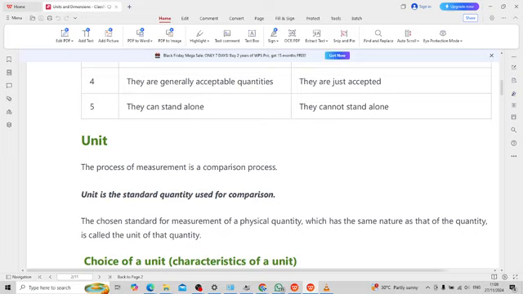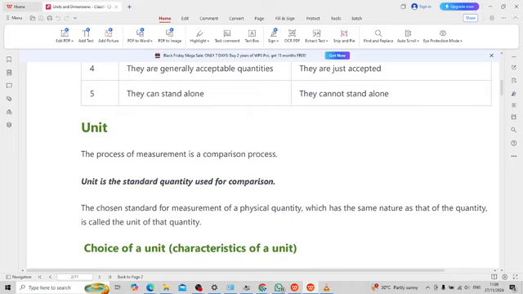So we say unit is the standard quantity used for comparison. Just like the way we have fundamental quantity, we also have fundamental unit. We can make an analogy from the definition. Fundamental quantities are the quantities on which other quantities are built, or they are the base quantities in measurement.